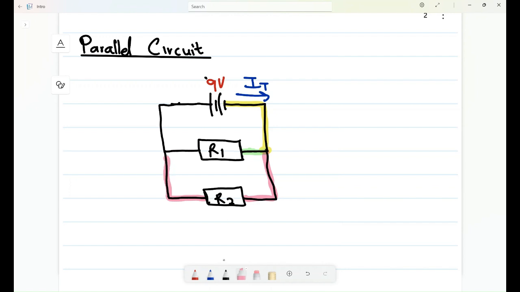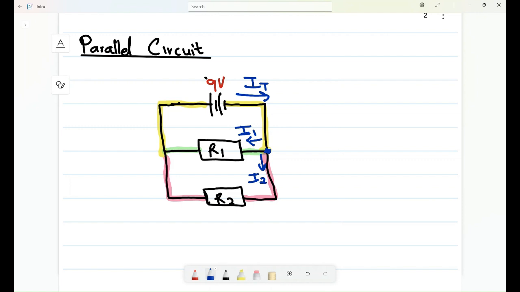But what's important is that at this point here, those two currents that have been split come together and form the total current and go back to the circuit. What do I mean? I mean this I total, when it reaches this point, branches into I1 and also branches into I2.